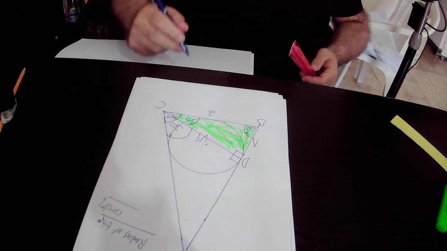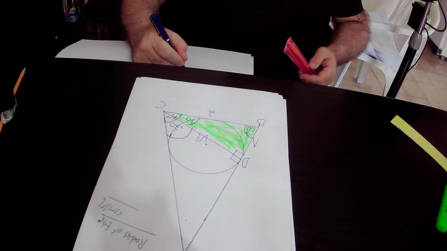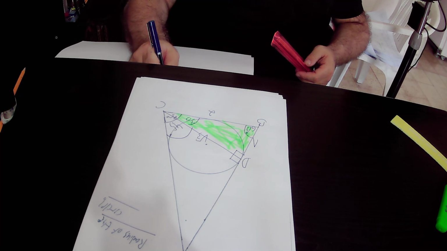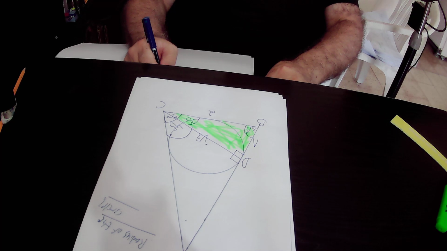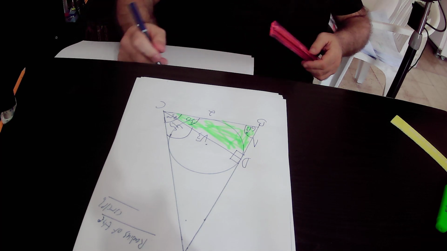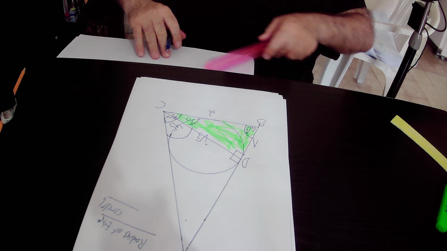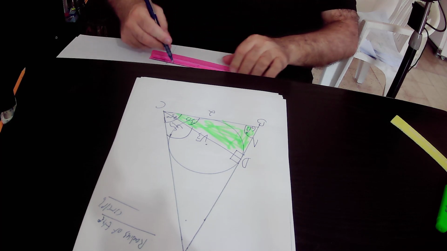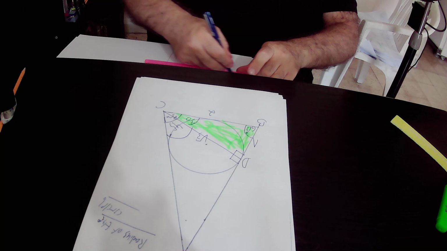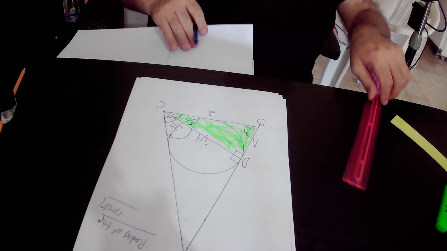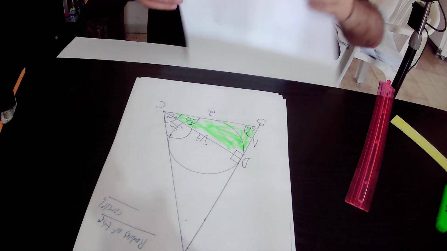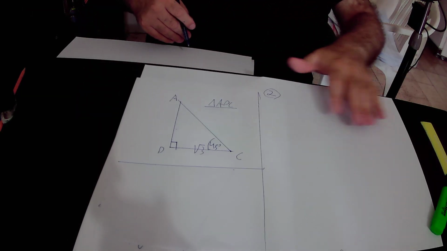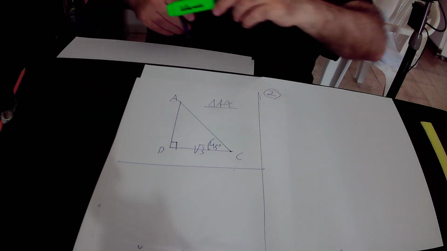Angle ACD equals 45 degrees. This is the right triangle ADC that I copied from the original drawing.